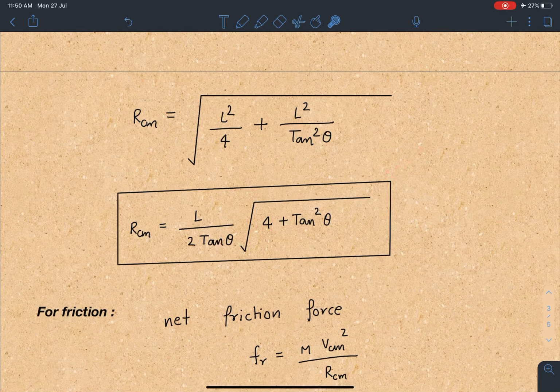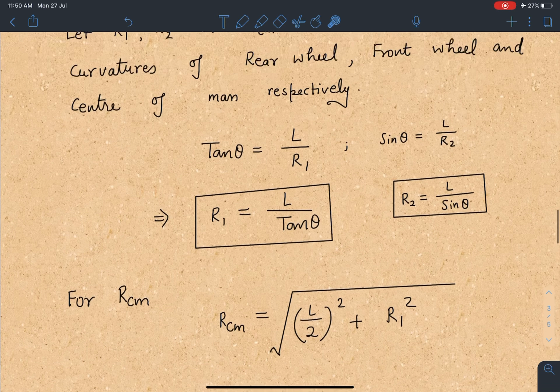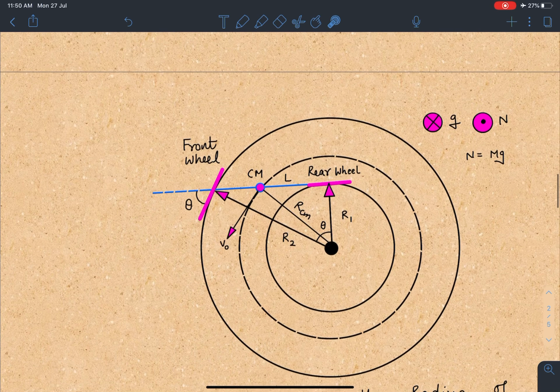Now in order to calculate this friction, I can show you here that there is going to be FR1 acting on this wheel and FR2 acting on this wheel. The resultant sum of FR1 plus FR2 is going to be our net friction force.